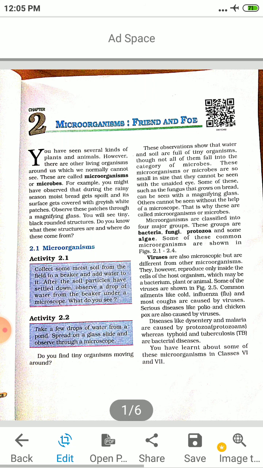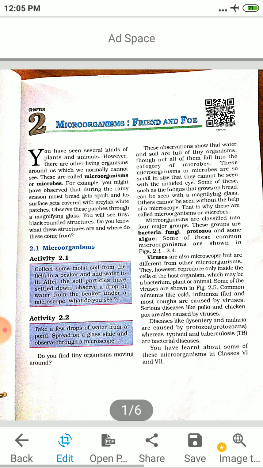You take a piece of bread and put it in a closed box. After 2 days, you open the box and see the bread will have developed fungus on it, which would be greenish grey in color. Observe the patches through a magnifying glass. You will see tiny black rounded structures.